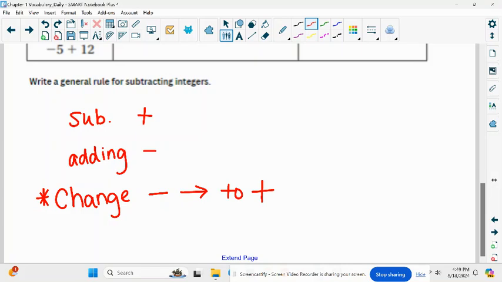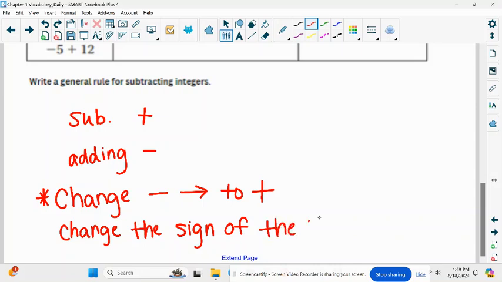And we're going to change the sign of the second term.